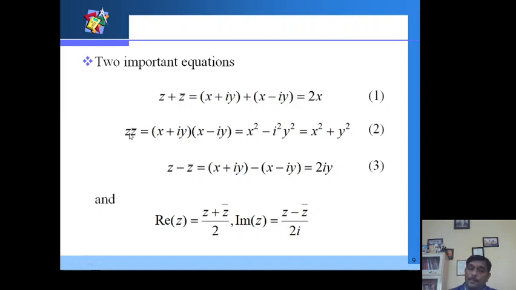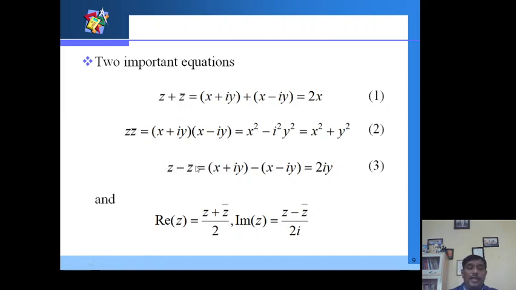Similarly, z into z bar: x plus iy is z, and its conjugate is x minus iy. It is in the form of a plus ib into a minus ib, that is a square minus b square form. Then this becomes x square minus i square y square, and since i square is minus 1, it becomes plus, so this is x square plus y square.